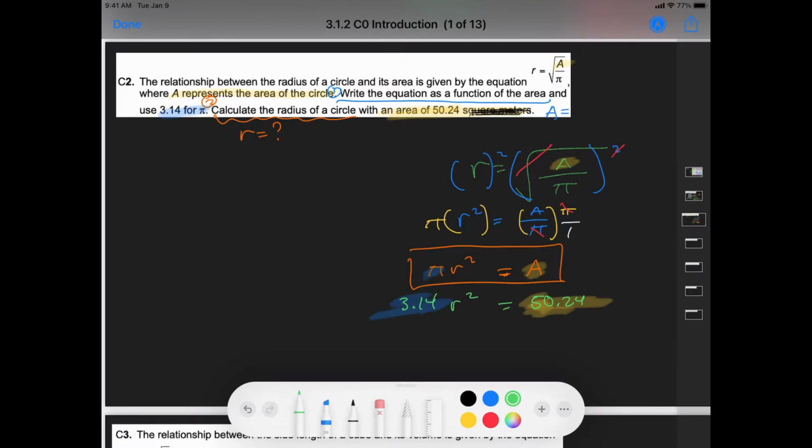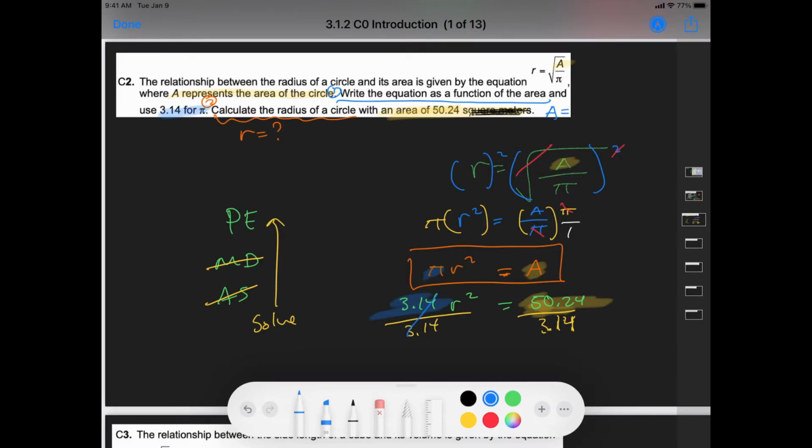Okay, so how do you solve for r here? Again, I'm going to use PEMDAS. And I am solving, so you're going to go this direction. There is no addition and subtraction. We're going to do multiplication and division first. So that means we're going to divide by 3.14. My pen is dying. Okay. So if I divide 50.24 by 3.14, I get 16.